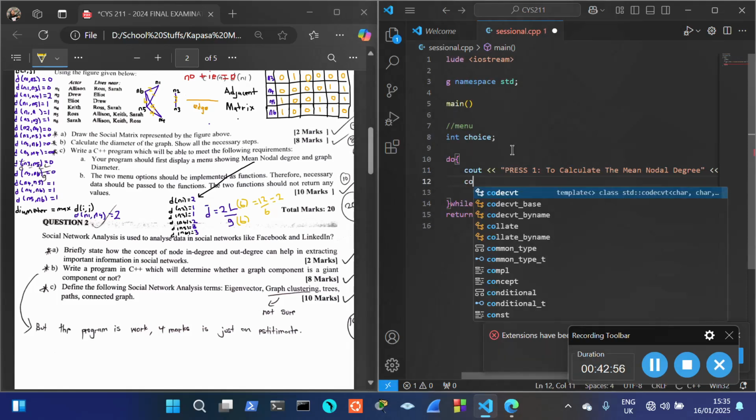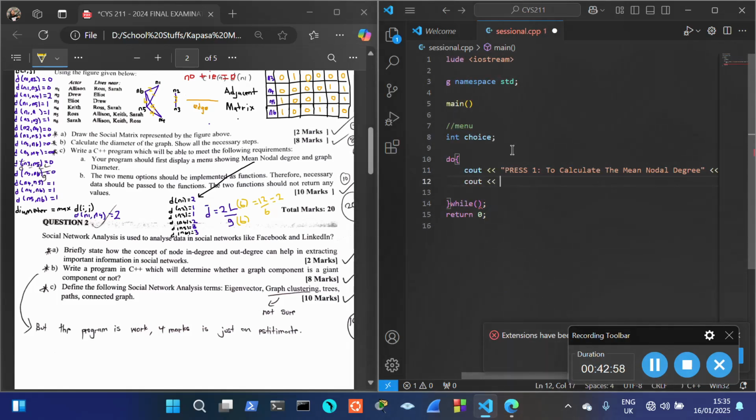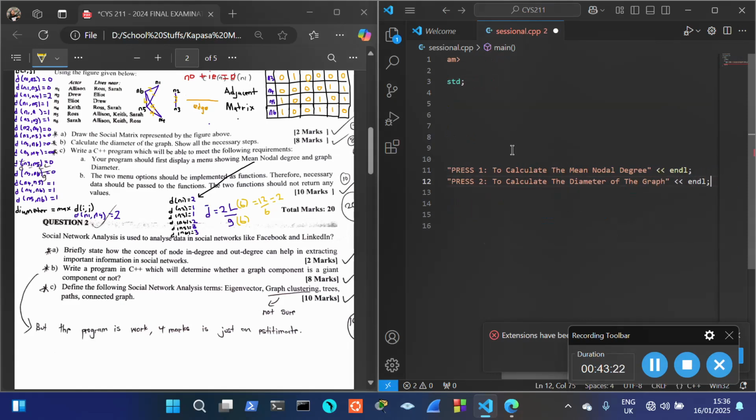Again, I can print out another statement which says press 2 to calculate the diameter of the graph, following the question. Then again, I need to end my line.